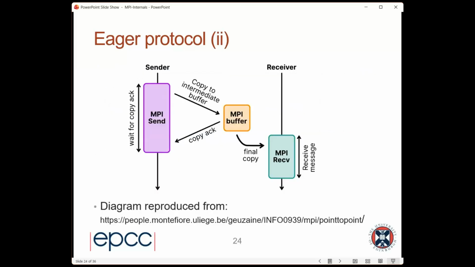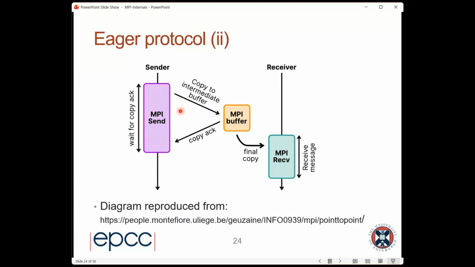Okay, and so I found a nice diagram for this from a course at a Belgian university. What happens here is that when you issue the eager protocol, this is nothing to do with the MPI definition of how send works. It's how it's implemented at the library level.